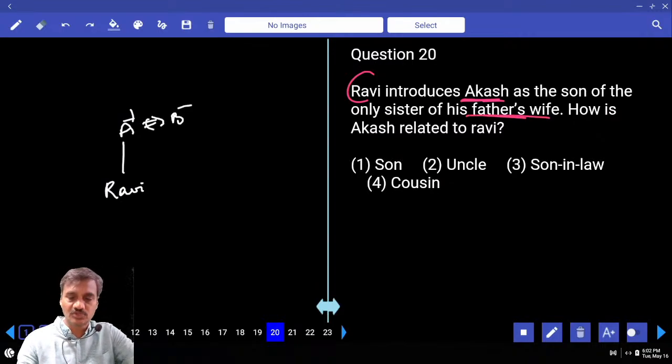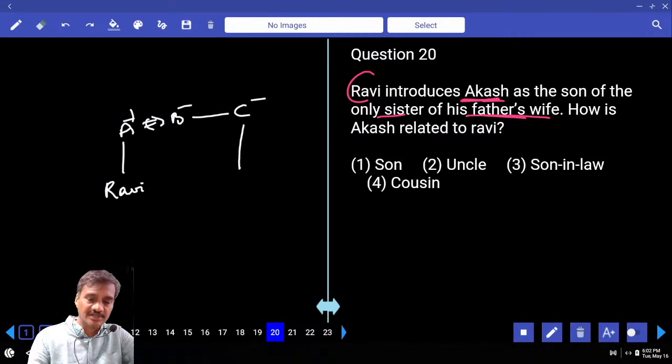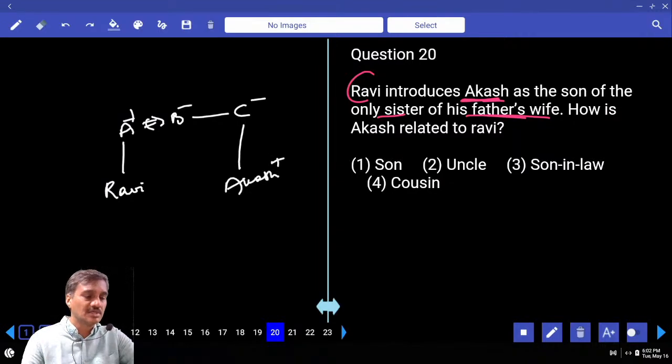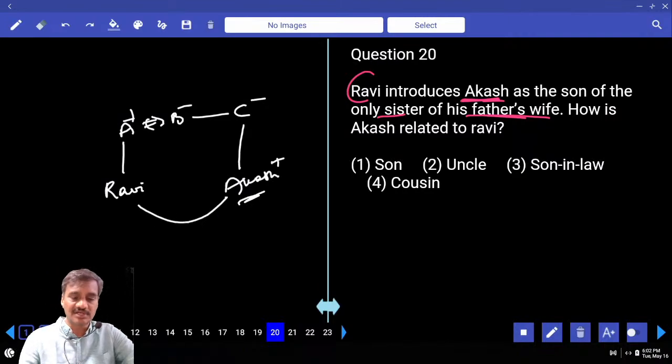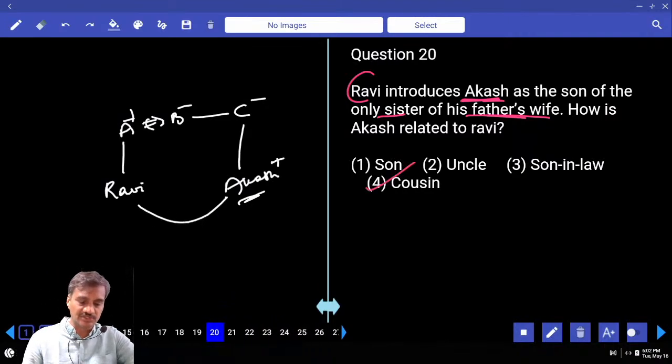Ravi's mother's only sister is C, and C's son is Akash. Then how are Ravi and Akash related to each other? Cousins to each other, choice 4.